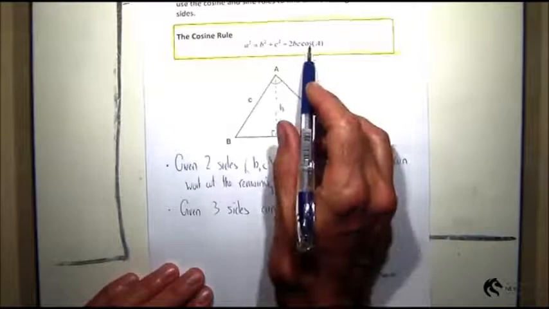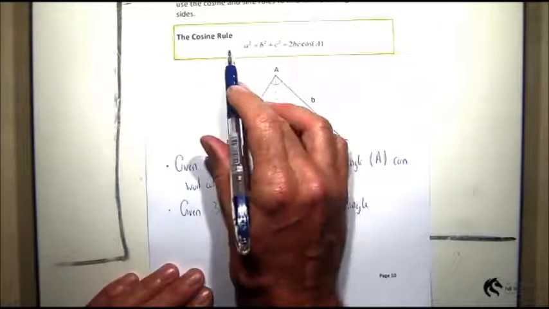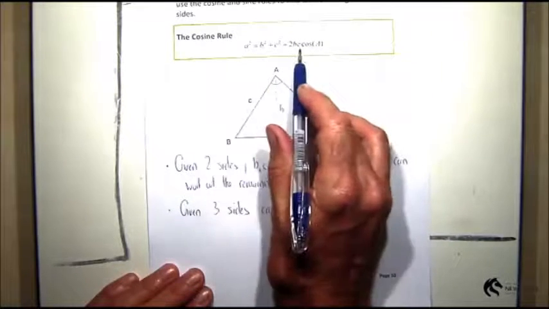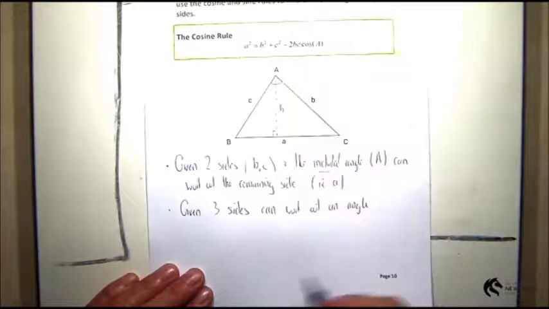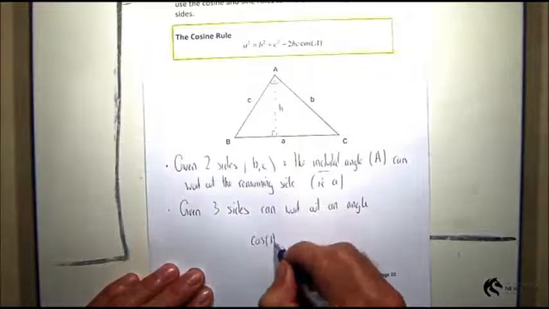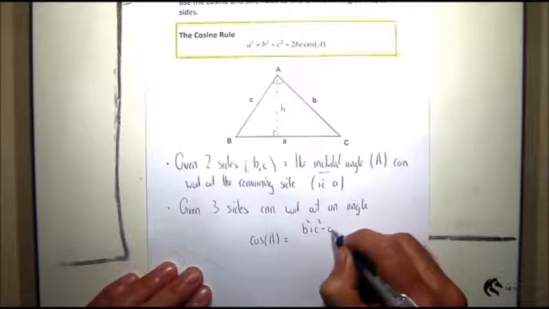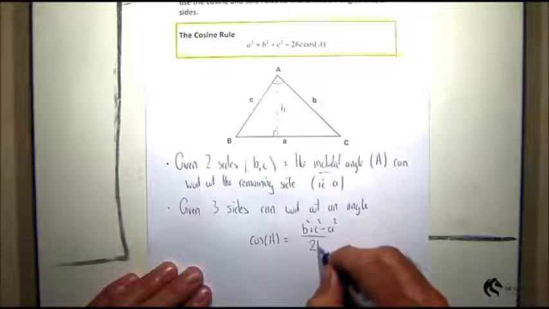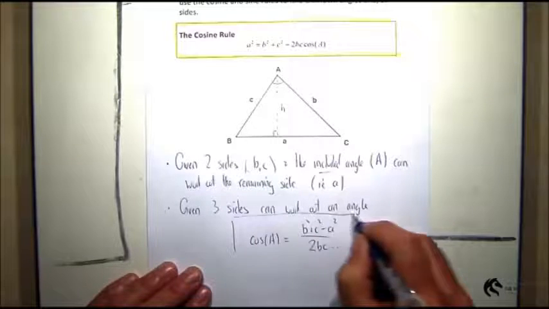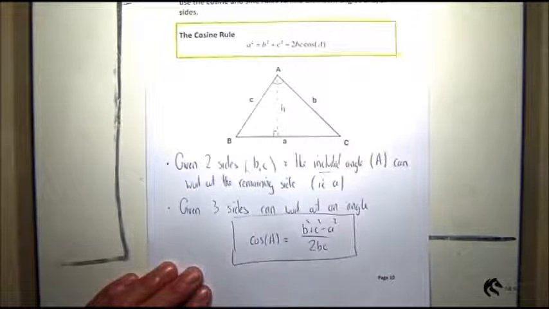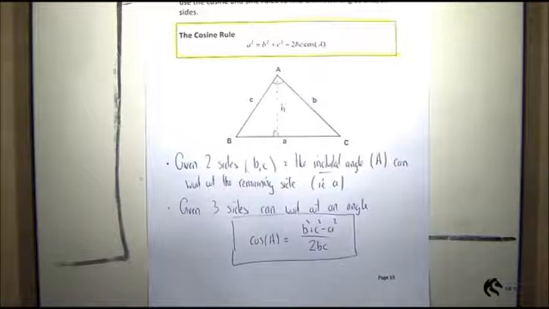So what I'm going to do is take B squared and C squared over to that side, and then divide by 2BC. So if I do that, I get cos A is equal to B squared plus C squared minus A squared over 2BC. That's the same rule, just written with cos A being the subject.